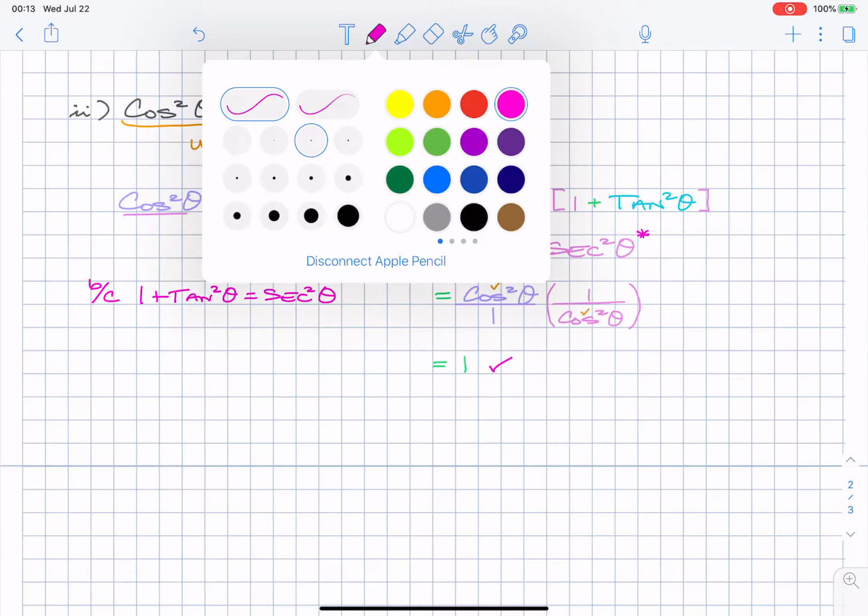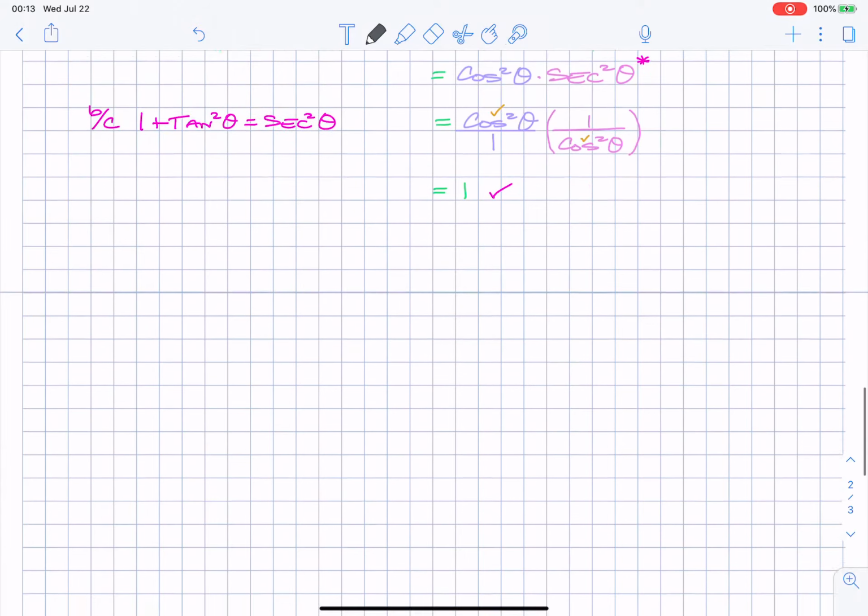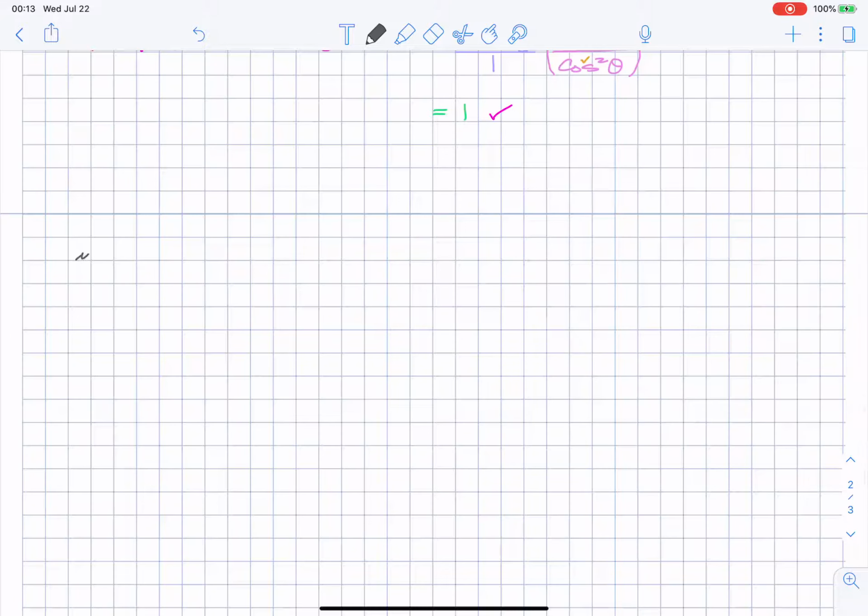Number 3. Let's kick it up a notch, shall we? Okay, so let's say we have the quantity tangent of theta plus secant of theta times the quantity tangent of theta minus secant of theta, all over cosecant of theta, and that is equal to negative sine of theta.